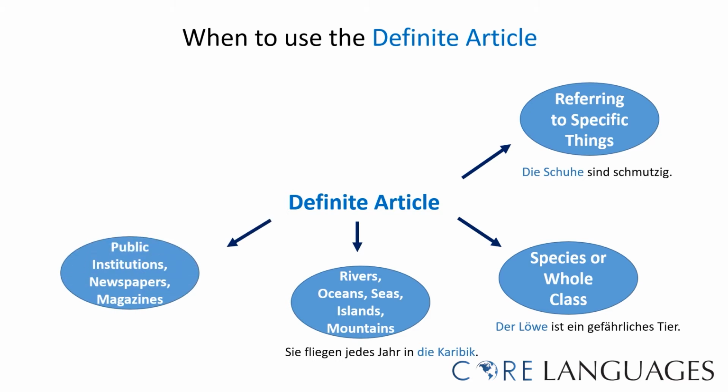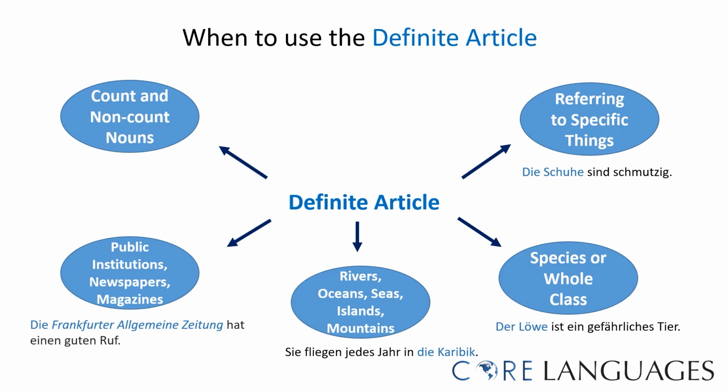We also use the definite article for public institutions, newspapers, or magazines. For example, Die Frankfurter Allgemeine Zeitung hat einen guten Ruf. The Frankfurter Allgemeine Zeitung has a good reputation. Frankfurter Allgemeine Zeitung is the name of the newspaper.